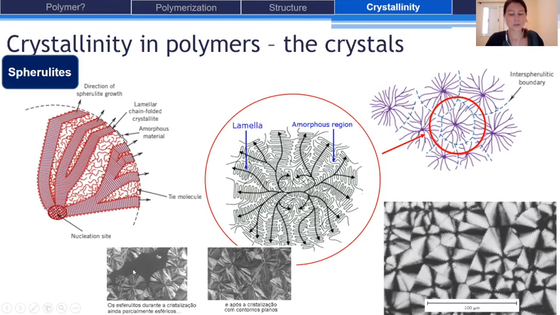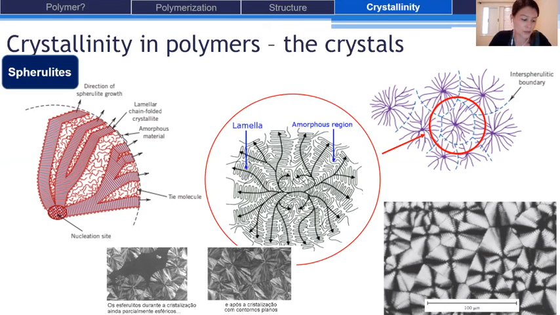But if we take a polymer, we melt it, and we cool it, if the chains can organize, it will form a semi-crystalline polymer, and it will form 3D structures that have spherical shapes.